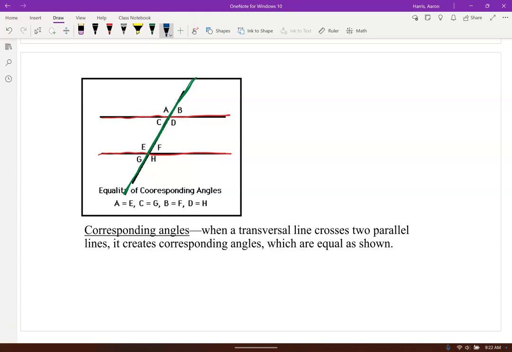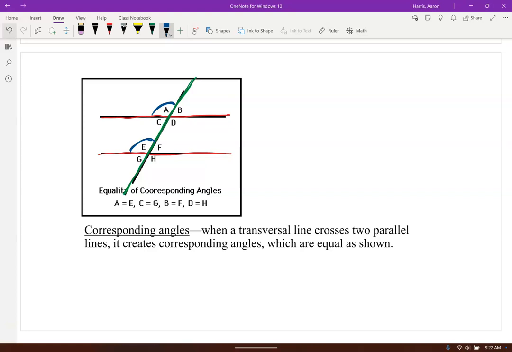Corresponding angles are, like, let me do angle A, and its corresponding angle is angle E. Those are corresponding angles, both on the upper left angle of the two parallel lines there. So those two are equal.